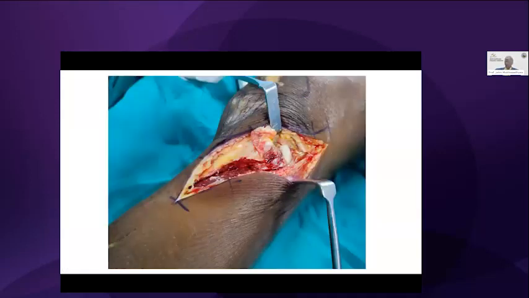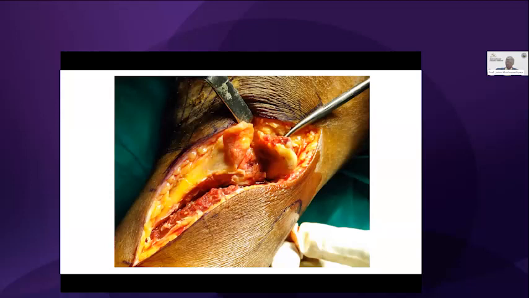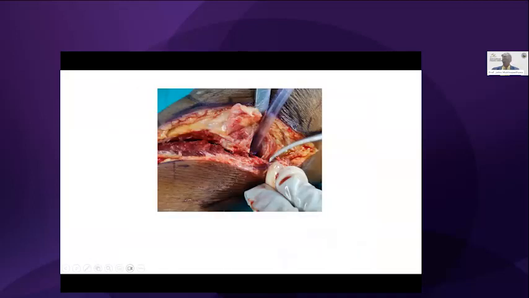Okay, so that's the further dissection, again showing the shiny side of the cartilage facing down. We actually had to gradually retrieve this fragment out of the joint because we had to flip it around to reduce it. So there's the fragment now outside the joint lying here.